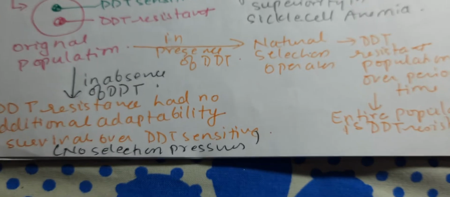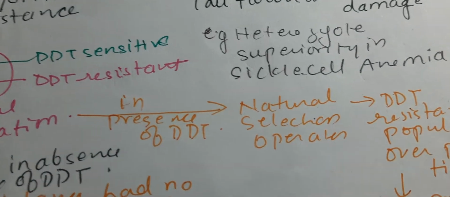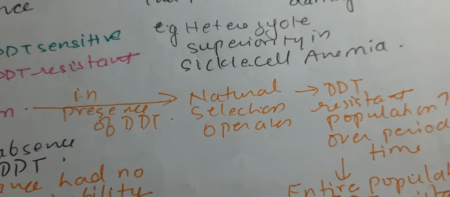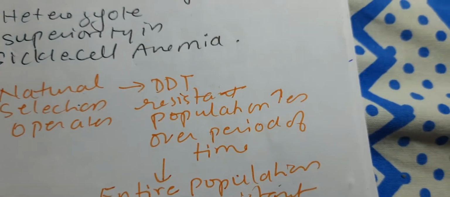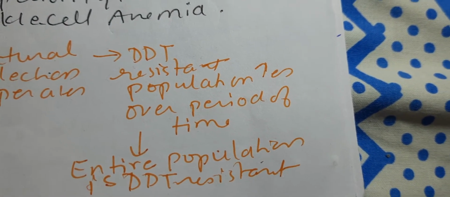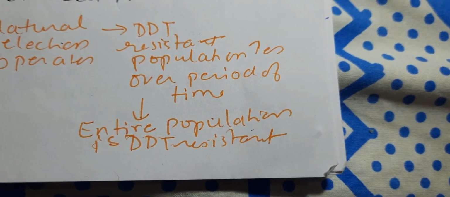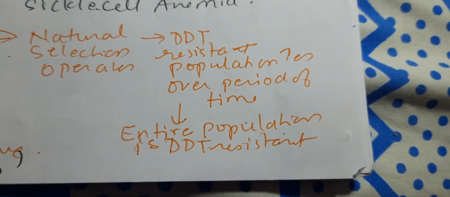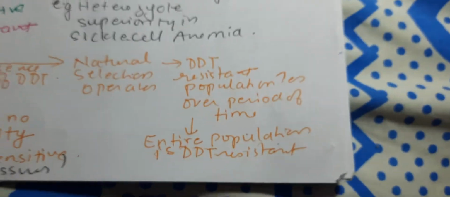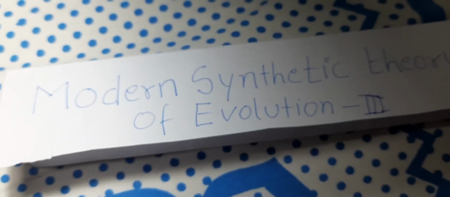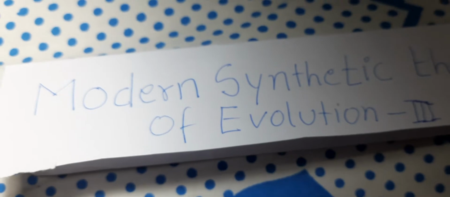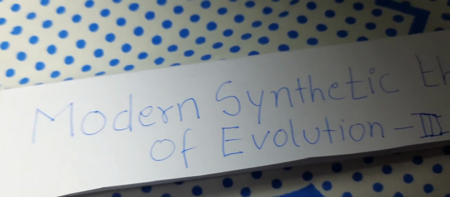So there is no selection pressure. But in the presence of DDT, that is the selection pressure, natural selection operates. The DDT resistant population increases over a period of time, and the entire population becomes DDT resistant, because DDT sensitive ones could not adapt to the changing circumstances.